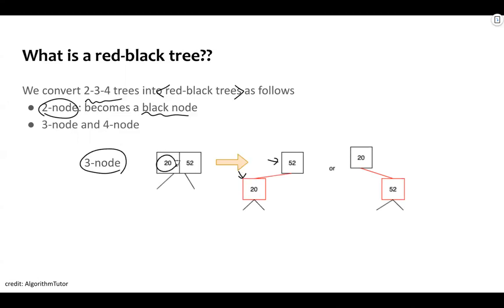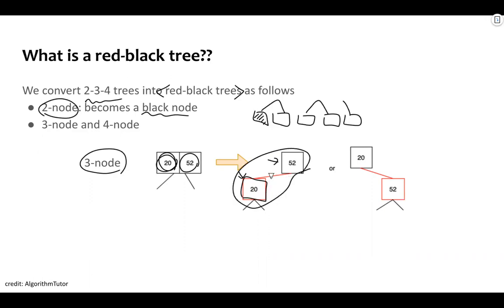We make one of them black, and you can choose any of them. However, we prefer to make the left one red because we want to fill the left part first. So when we have empty places like this, we want to fill in the left part first. That's why we prefer this conversion to this conversion.